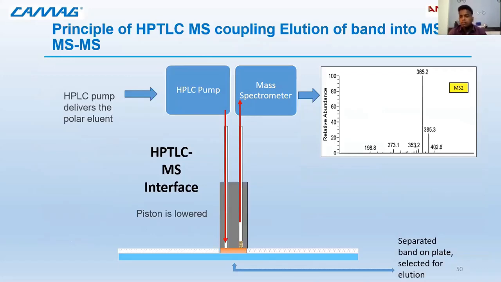On the left-hand side, it's connected with the pump, and on the right-hand side it's connected with the MS. So the outlet of the pump is connected to the inlet of this interface technique, and the outlet of this interface technique is connected to the inlet of the MS. The mobile phase comes from the HPTLC pump, goes to the specific band, dissolves it and transfers it to the MS, and in 10 seconds you will get the result like this.